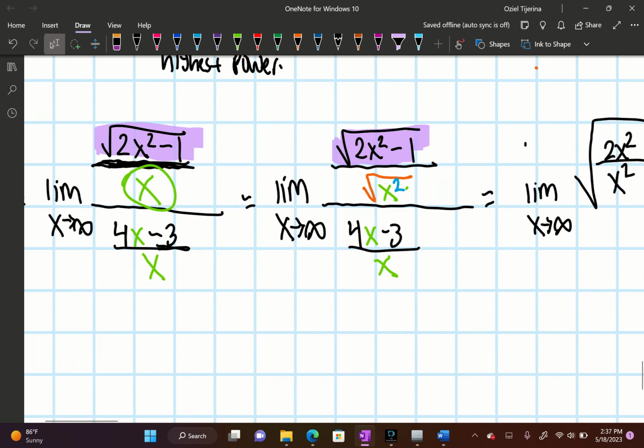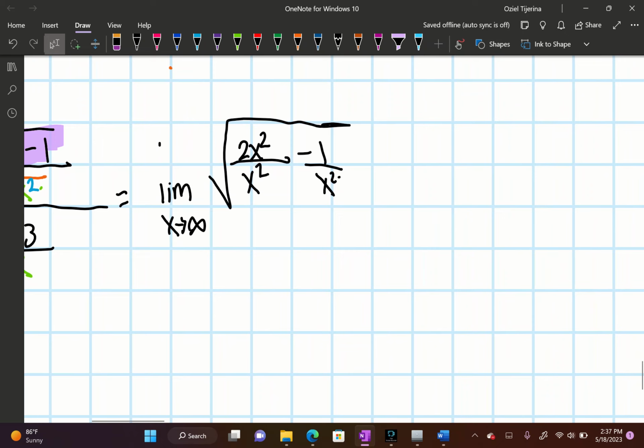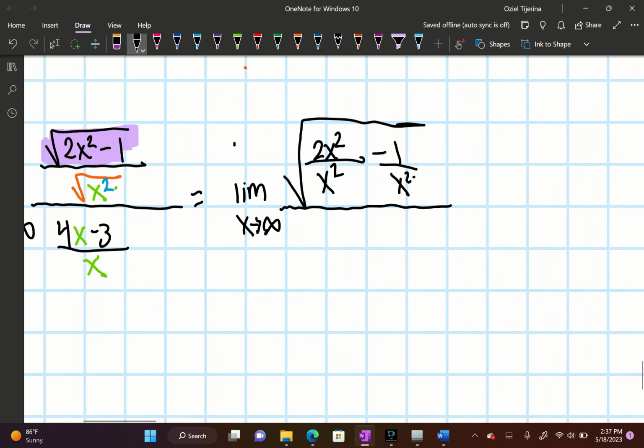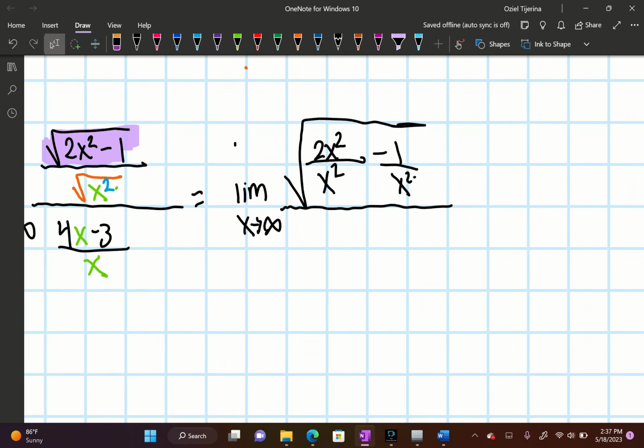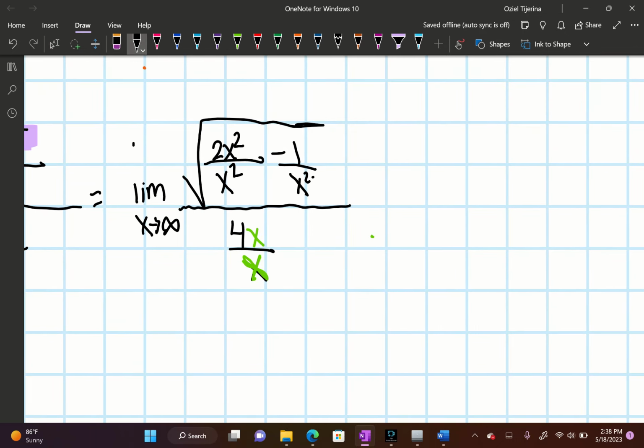And this part here is really going to be 4x over x, minus 3 over x, of course, right?